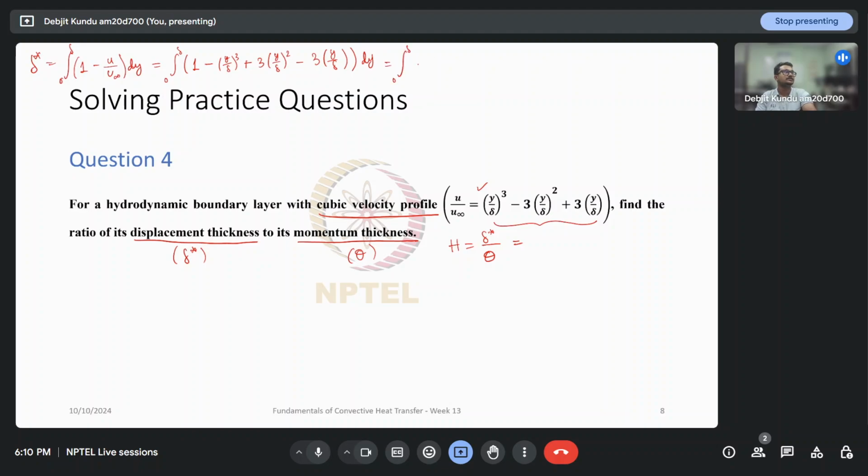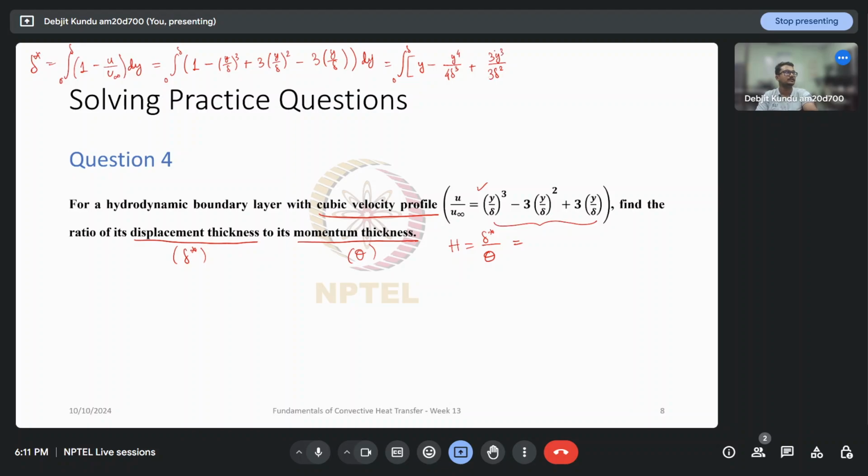So let's integrate each term one by one. The first term, 1, becomes y. Then the second term, we have delta cube in the bottom and y cube on top. That simply becomes y to the power 4, and there's a 4 over here. Then we have 3 delta square in the denominator, and y squared; integrating it would lead to y power 3 by 3.